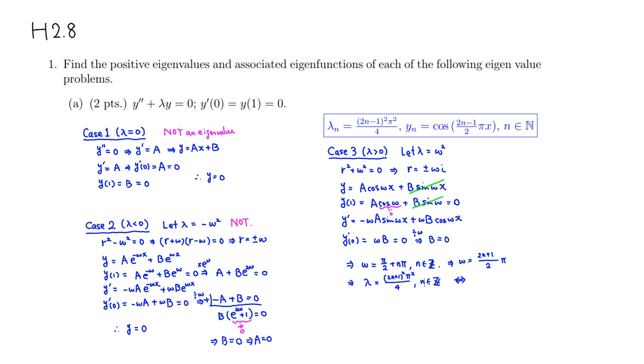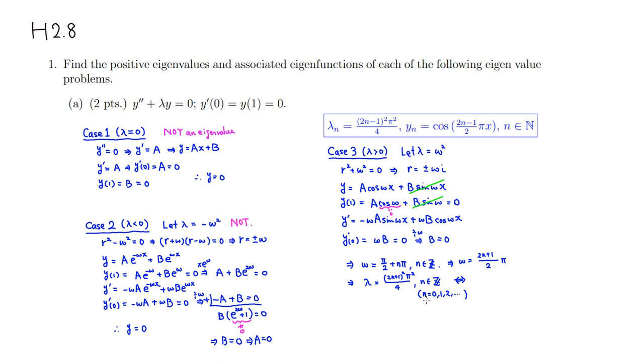So we can actually start from n equals 0, 1, 2, and so on. We don't really need negative 1, negative 2, negative 3, because they produce the same numbers here.